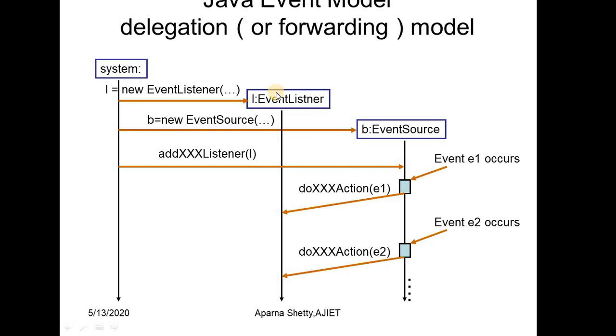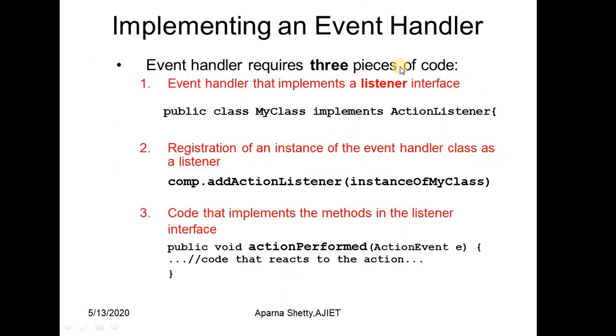The event handler is responsible for generating a response to that event. It processes the event. For example, we have the action listener, mouse listener, text listener. Those are the different types of event listeners. So that was about the Java event delegation model.